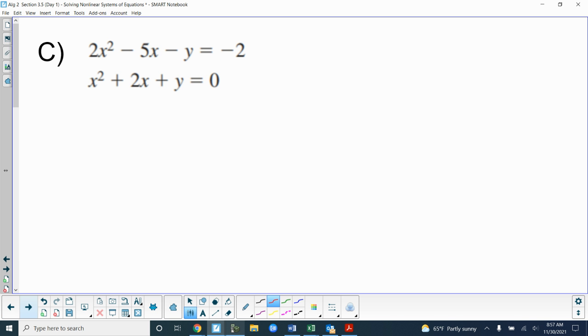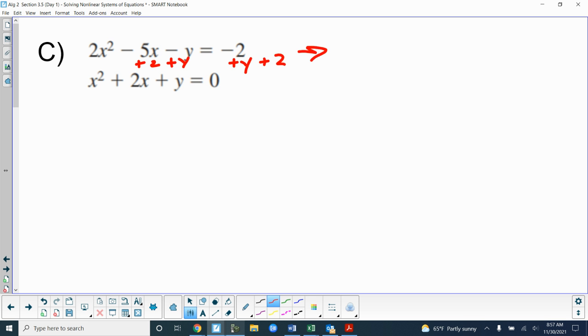So we've got to get both of these into y equals. Okay? So the top one, since it's a negative y, how could I make it a positive y? Add it over. You guys with me on that? And what can I do with this -2 to move it over? Add it over, right?